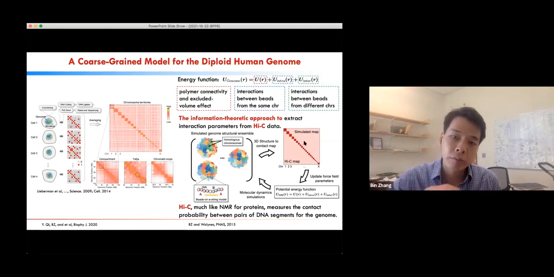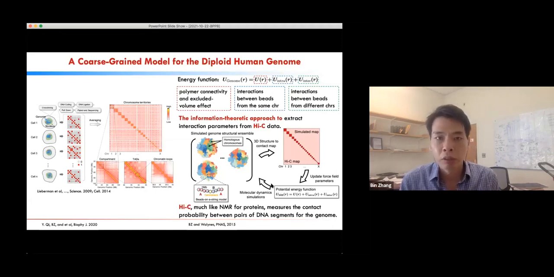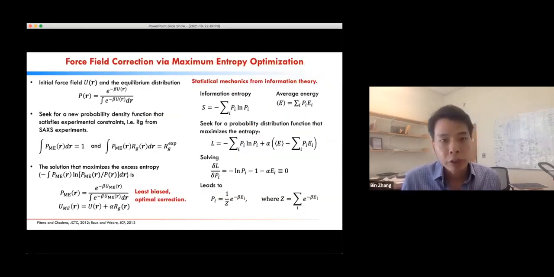And we can use that difference to basically update the parameters to improve the energy function. And we can do this iteratively, so that in the end, we arrive at a converged energy function and a converged genome structure that reproduces experimental data. I won't go into detail, but we do have a nice little argument to say that the model we have is supposed to be optimal given experimental data.